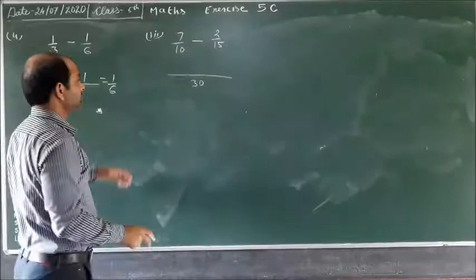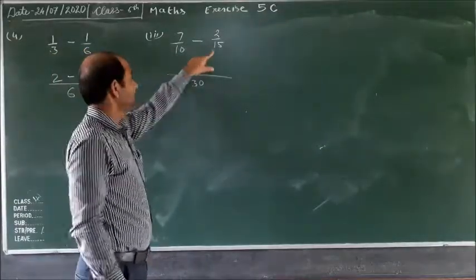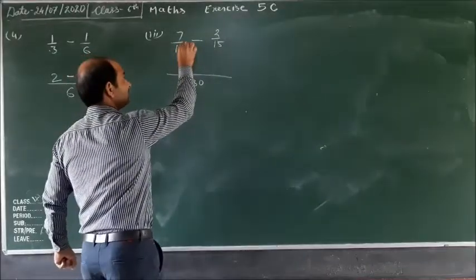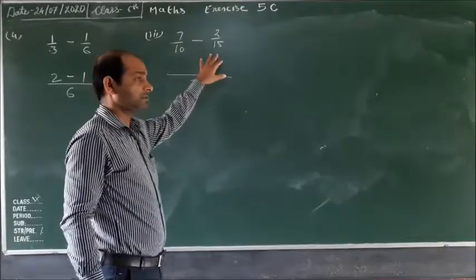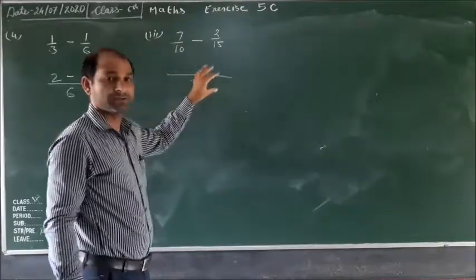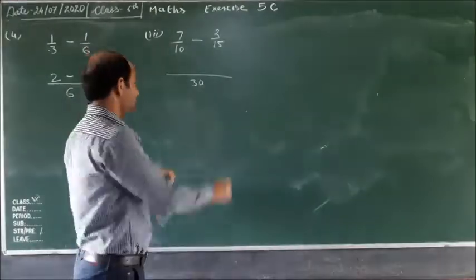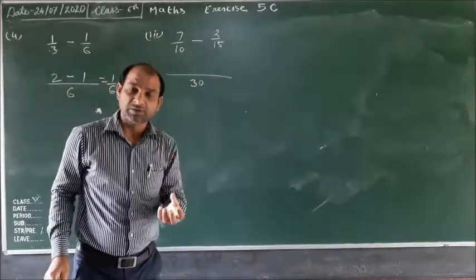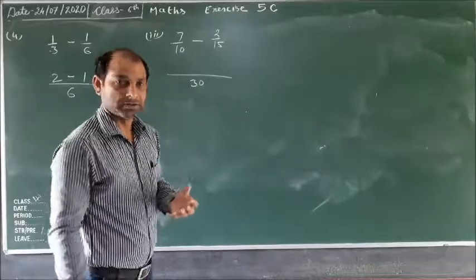One more thing, dear children: the LCM is always divisible by the denominator, because we take the LCM of the denominators. If your LCM is not divisible by the number, that means your LCM is wrong. Okay.